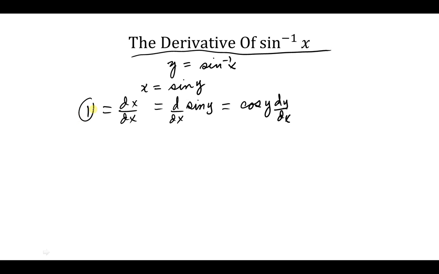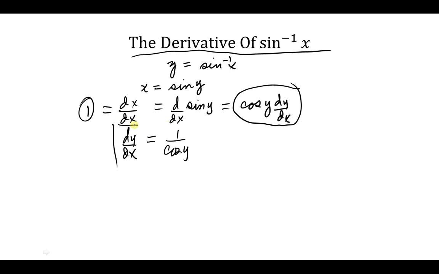So looking at 1 equals the cosine of y times dy/dx, we can solve for dy/dx, which is the derivative of the inverse sine function, equals 1 over cosine of y. So now we have a formula for dy/dx in terms of the cosine of y, but we would like to have this in terms of x.